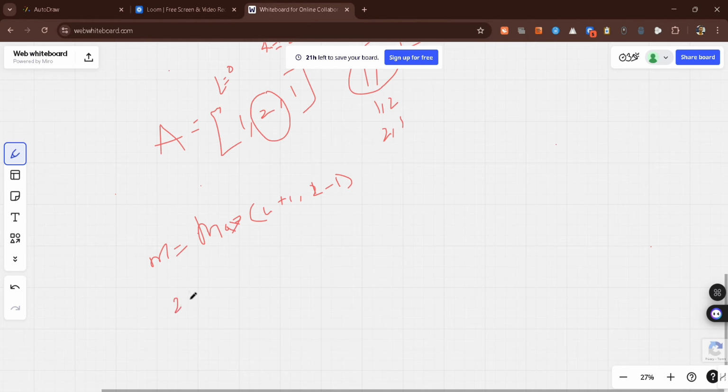M is equal to 2, is it greater than or equal to min of a of L comma a of R?